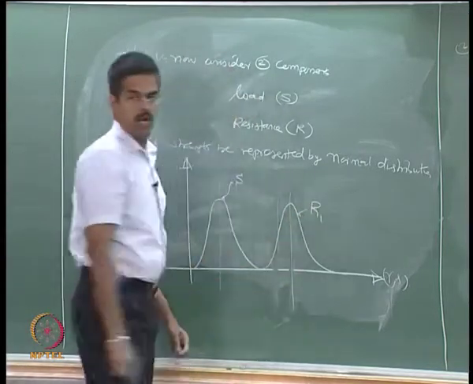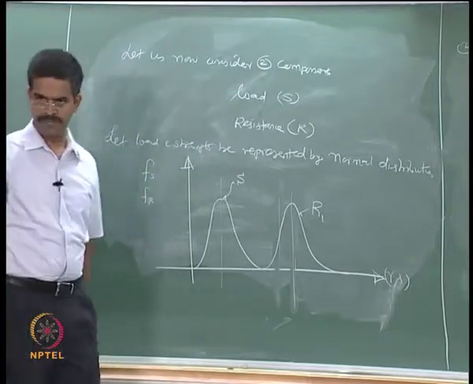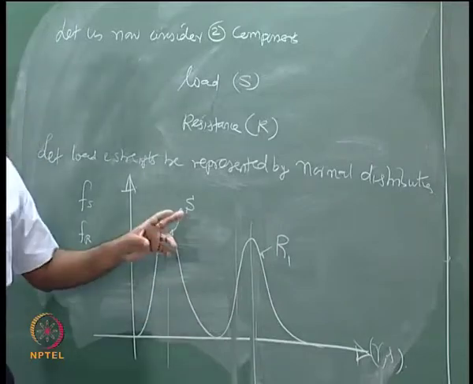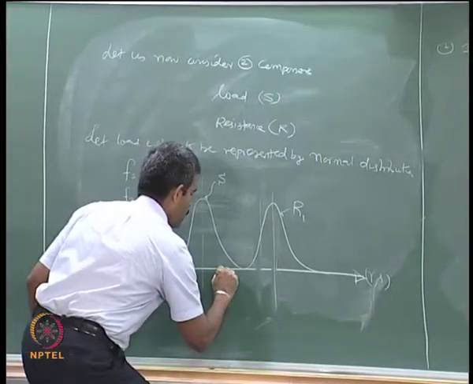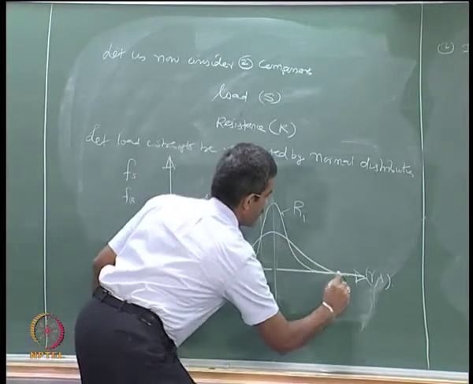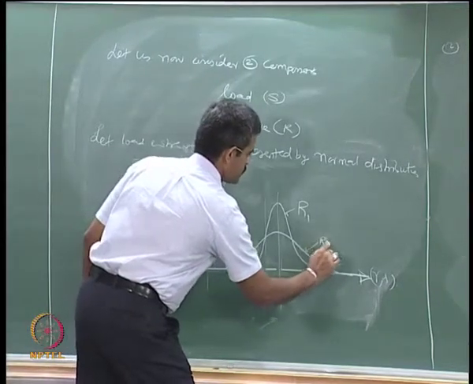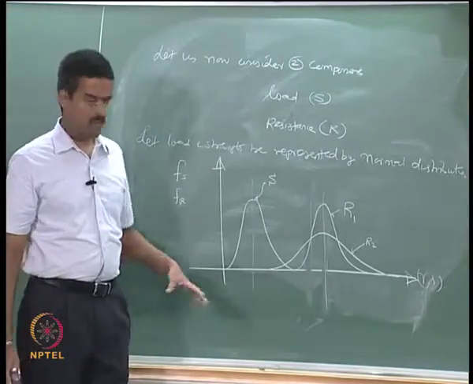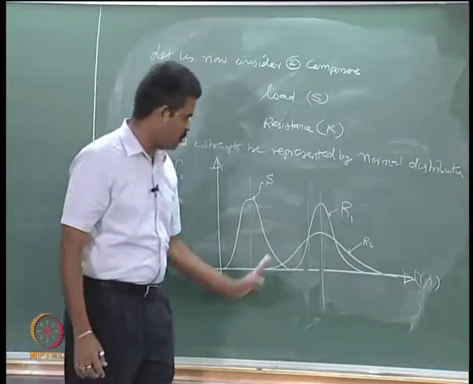I call this as R1. I look for two distributions on resistance. One is not having any overlap with load at all, other is having an overlap with load. I call this as R2. I have got two distributions for resistance, R1 and R2. One does not have overlap with the load, one has overlap with the load.